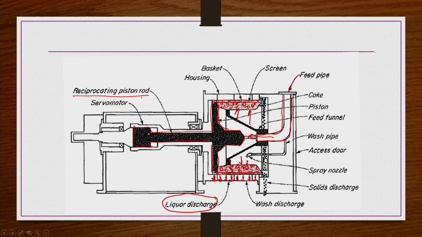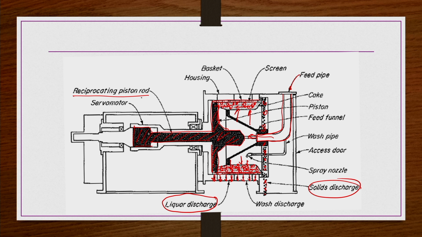These solids, what happens now, this has a reciprocating pusher. As it moves forward in this direction, it pushes the solid materials, and those solids are dislodged or discharged from the surface of the filter cloth and collected as solid discharge here.